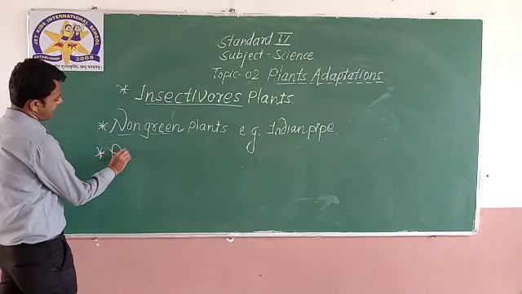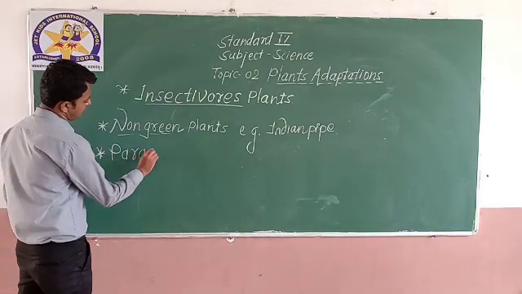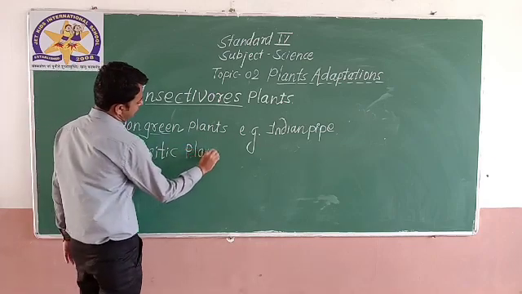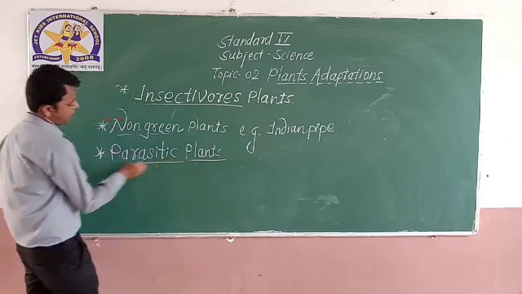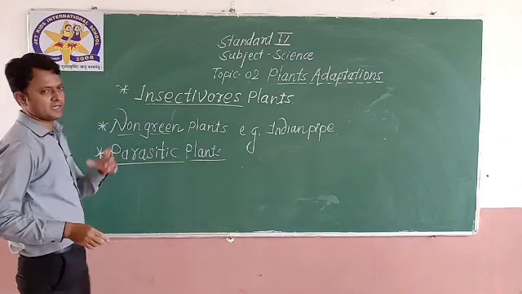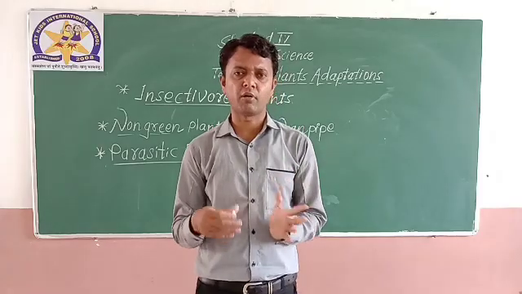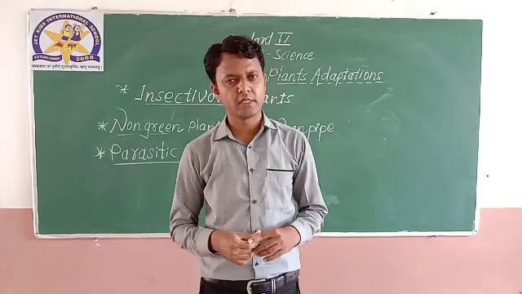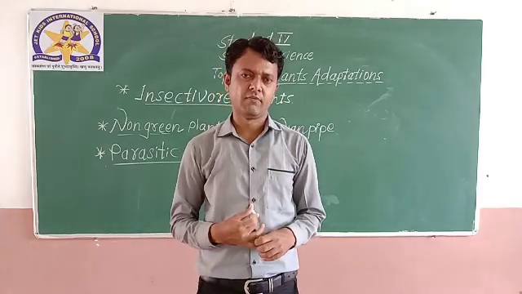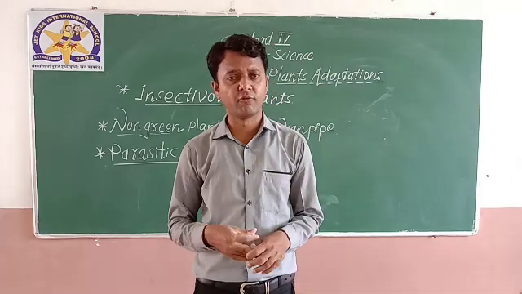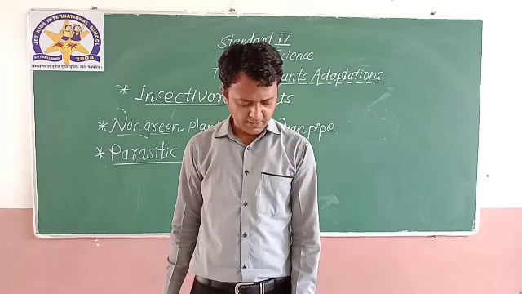Now, last but not the least, the parasitic plant. Let us discuss parasitic plants. See the word parasitic. When one plant depends upon another plant for food, it is called a parasitic plant.